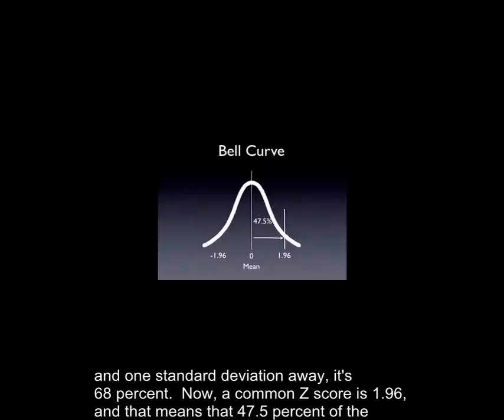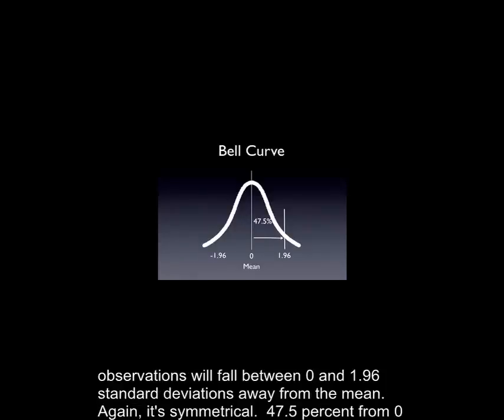Now a common z-score is 1.96, and that means that 47.5% of the observations will fall between 0 and 1.96 standard deviations away from the mean.